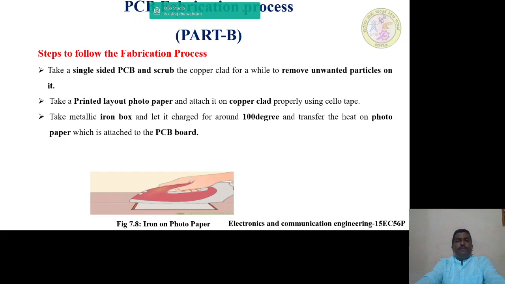Take printed layout on A4 size photo paper, attach it on the copper clad. Next step is to transfer the heat on photo paper which is attached to the PCB board by using iron box.